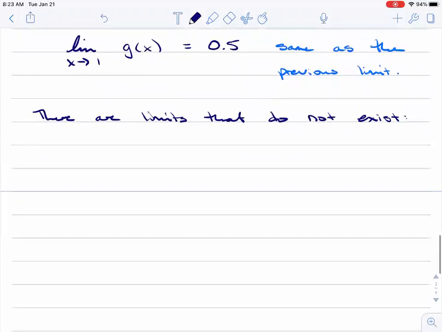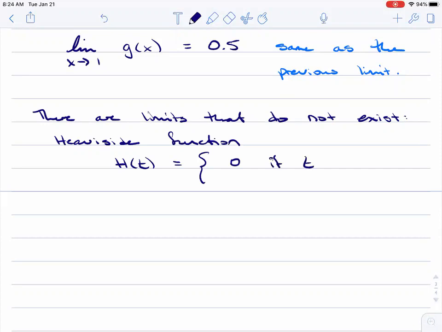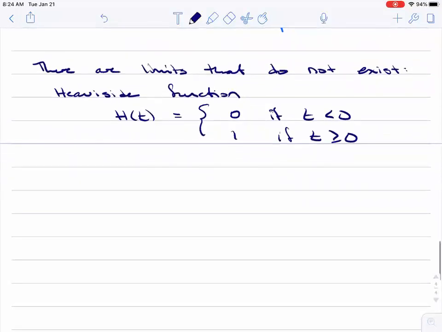One example, kind of the simplest example, is the Heaviside function, which we denote by h of t, and it's the simple function that says it's going to be 0 if t is less than 0, and 1 if t is greater than or equal to 0. So what does that look like if we had to draw it out?